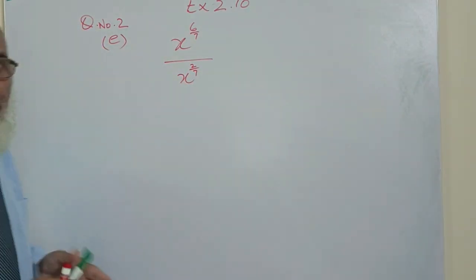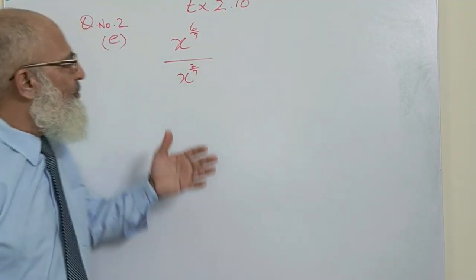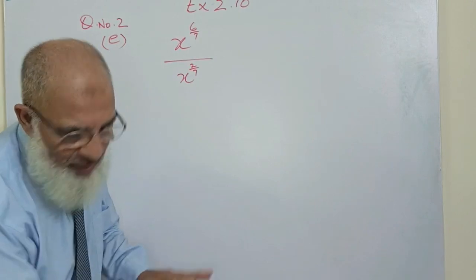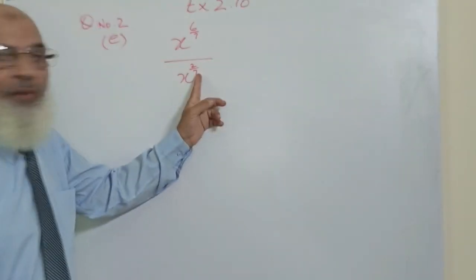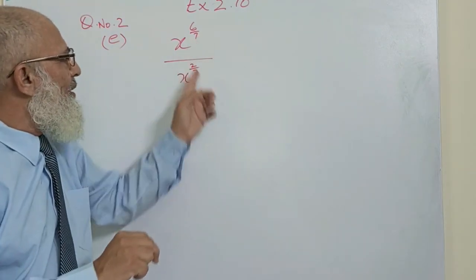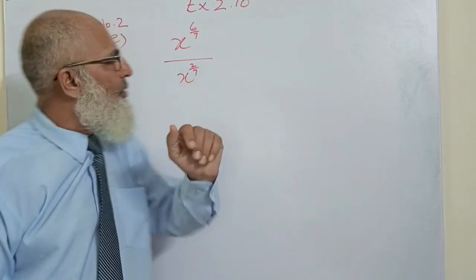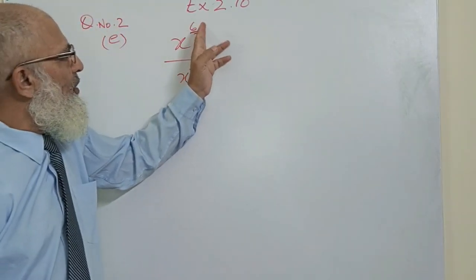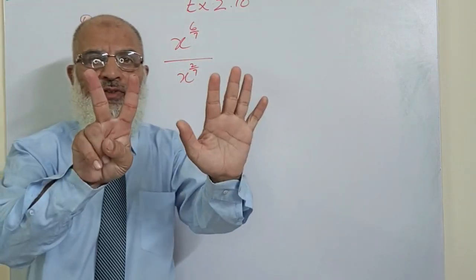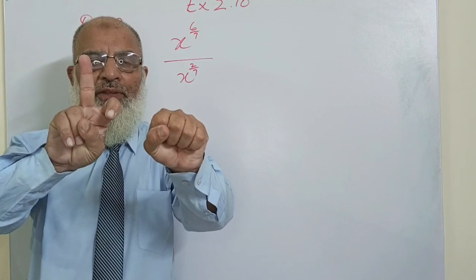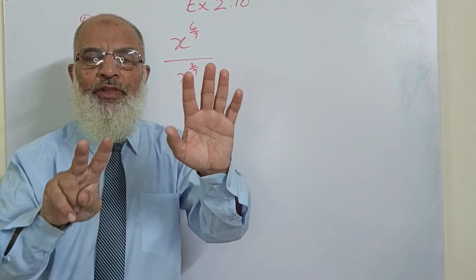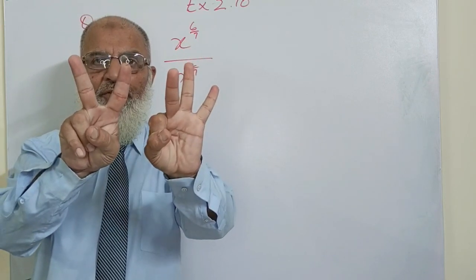Now my dear students, using your sense, please note that we have 7 parts here and 7 parts here. This index says 6 out of 7, and this one says 2 out of 7.